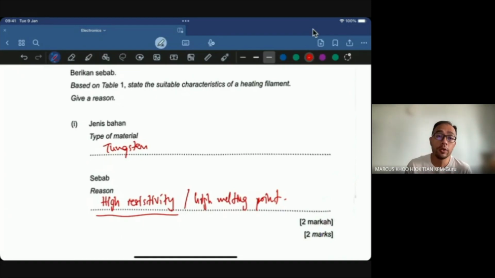Again, just to remind all of us, the high resistance metals are tungsten and nickel, and the low resistance metals are copper and constantan. Remember this as a set, and of course you need to know the situations where you need high resistance and the situations where you need high current.